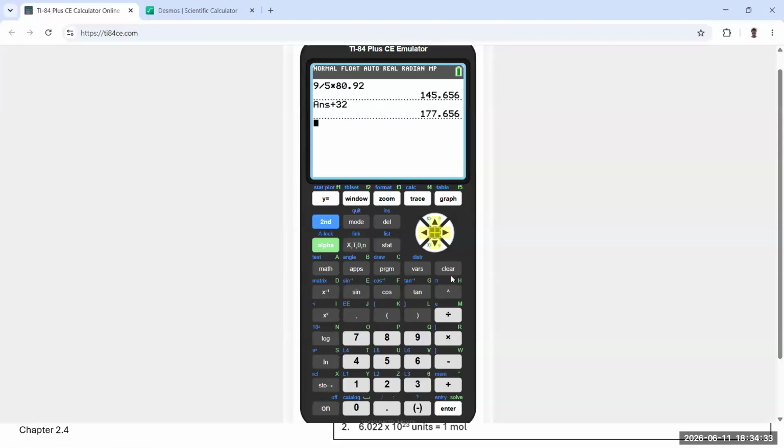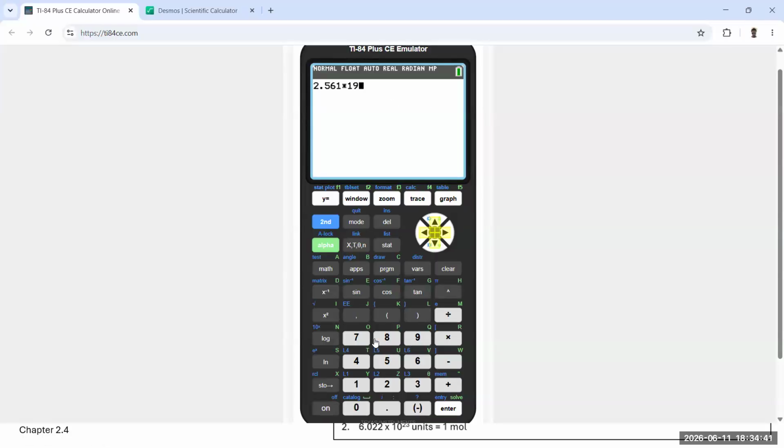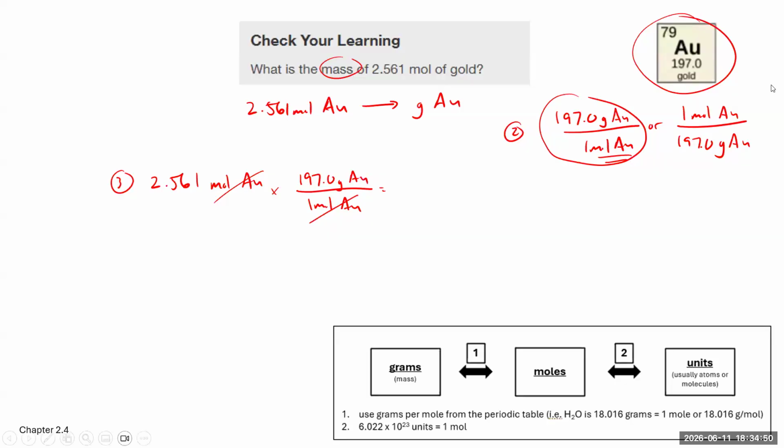Let's go to this one now. 2.561 times 197, which is 504.517. So this is 504.517, but what do we do?